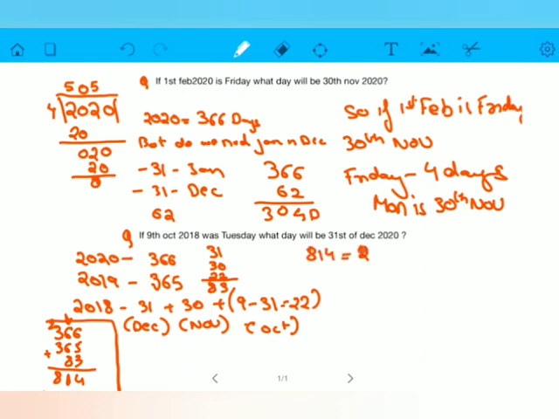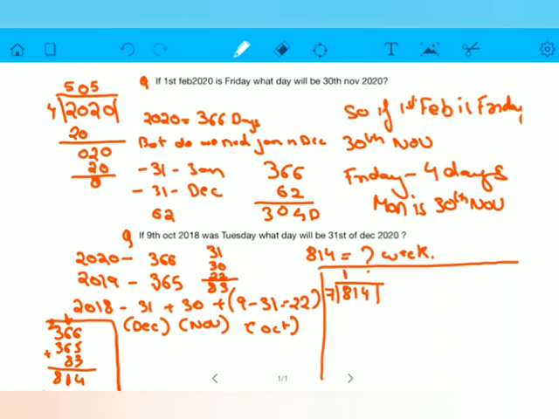And now we have to find out how many weeks that is. We do that by dividing it by 7. 814 divided by 7. First we know that 8 is not a multiple of 7, but 7 is very close to 8.